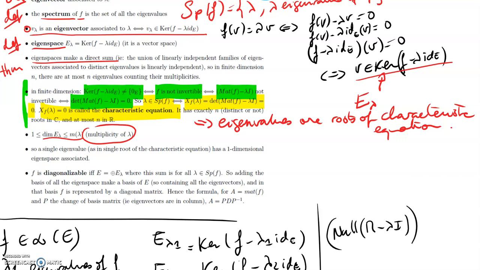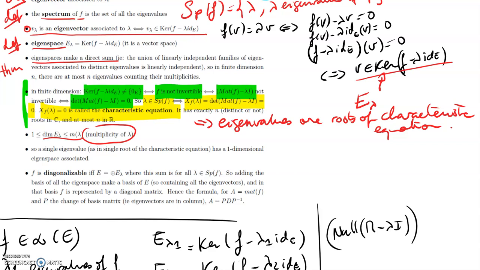It's not very complicated to show, but it relies on the fact that you can express the matrix representing your map in a basis that is made of a basis of E lambda, and you complete this basis, which comes from the incomplete basis theorem that we saw at the beginning of chapter 3.